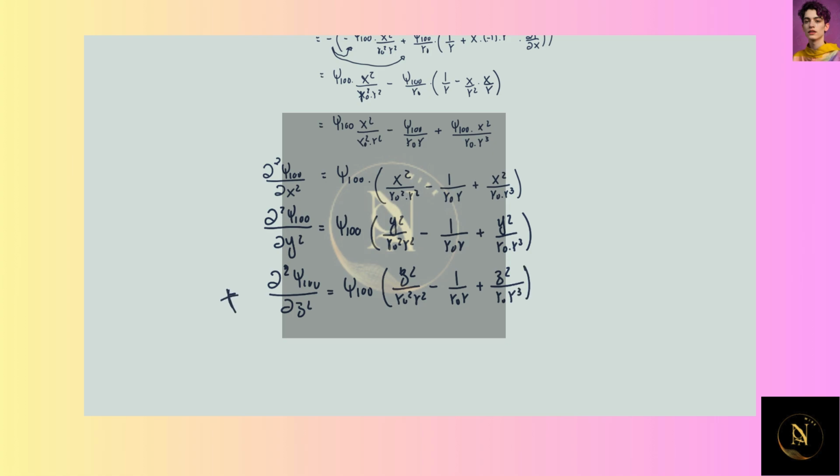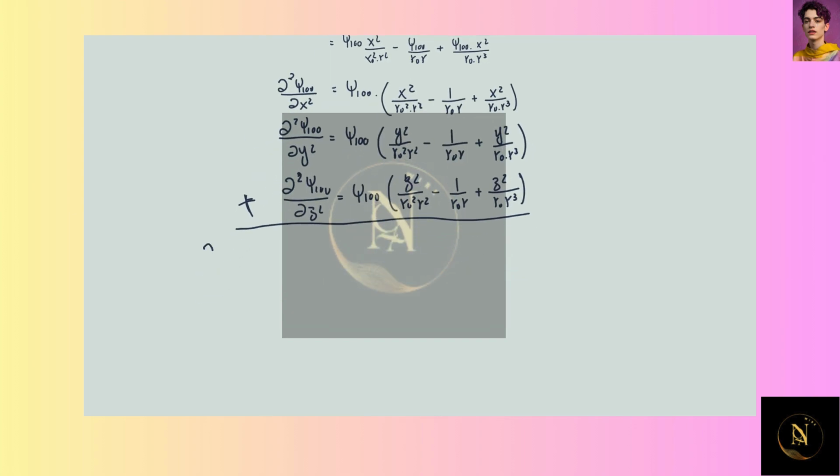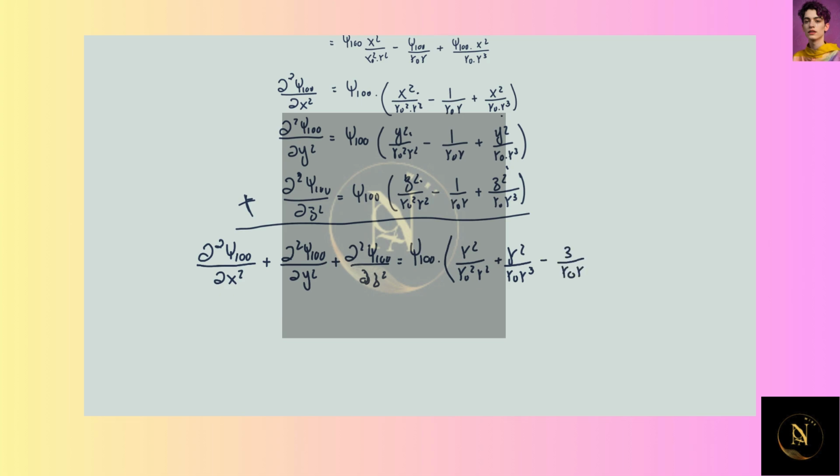By summing these three terms, we get the second derivative of psi 1,0,0 with respect to x plus the second derivative with respect to y plus the second derivative with respect to z equals psi 1,0,0 times, now we have x squared plus y squared plus z squared, which is r squared, divided by r0 squared times r squared, plus again r squared divided by r0 r to the third, minus 3 divided by r0 times r.